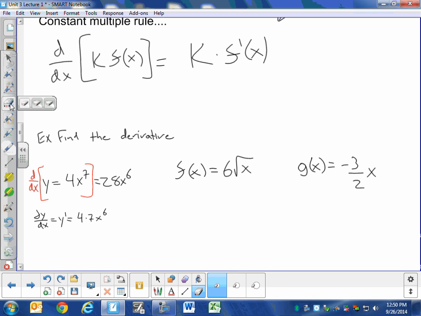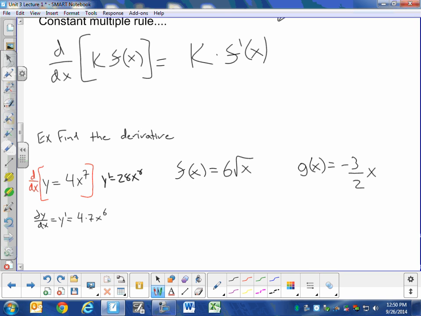And I don't want to write just 28x to the 6th. I would probably write y prime is equal to 28x to the 6th, because you're taking the derivative of y equals.